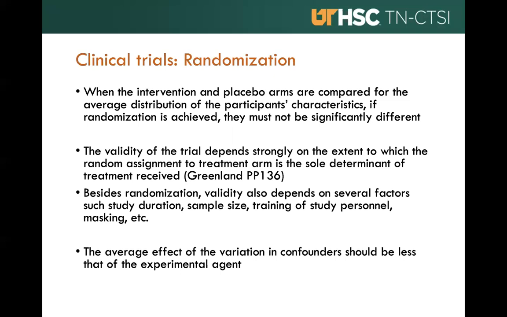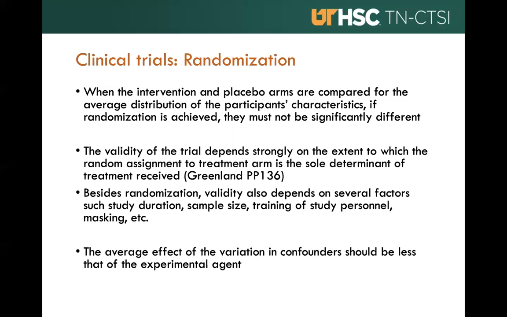Eventually, the study was pulled back, it was retracted from publication. So when we compare the intervention arm and the placebo arm, we have to make sure that there are no significant differences in participant characteristics between the two compared groups, if we are going to say that randomization has taken place for the assignment of participants.